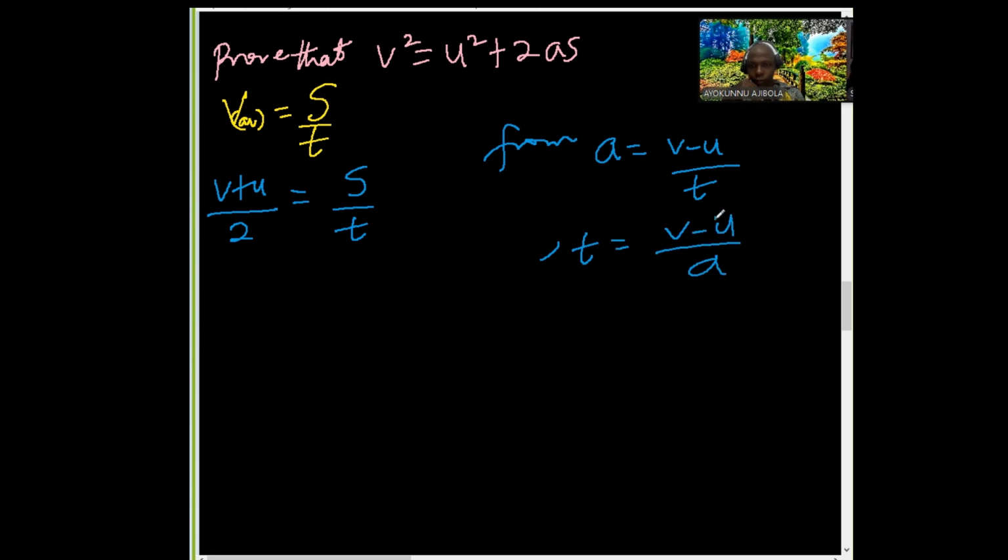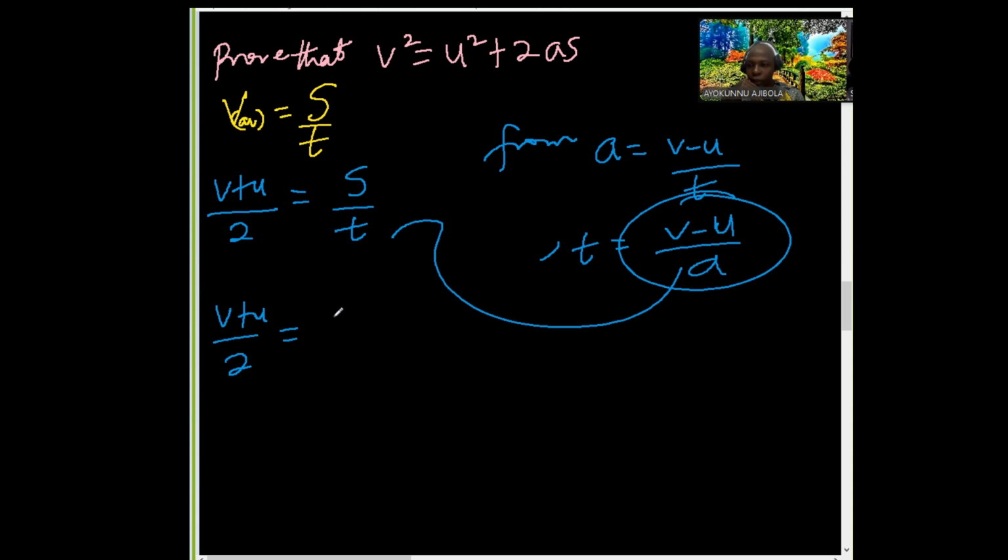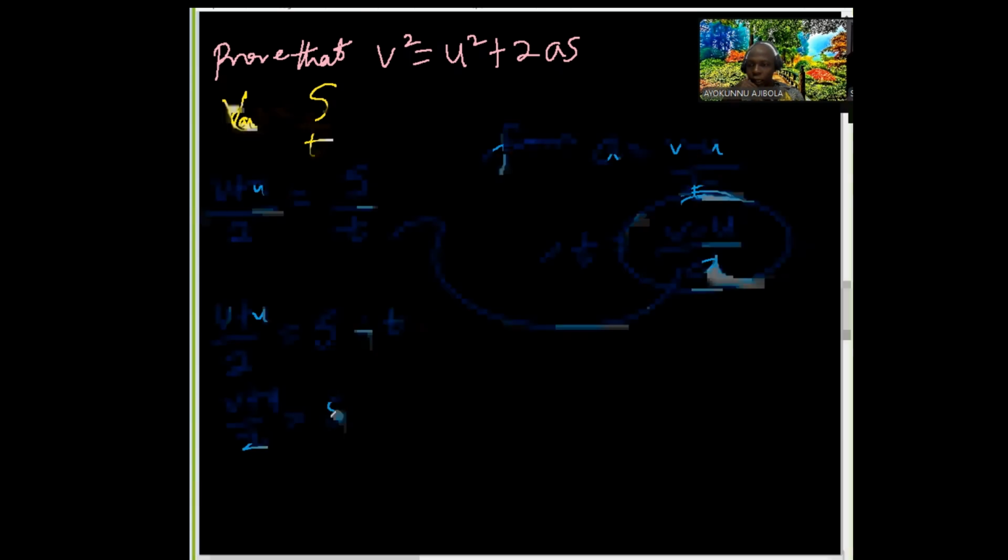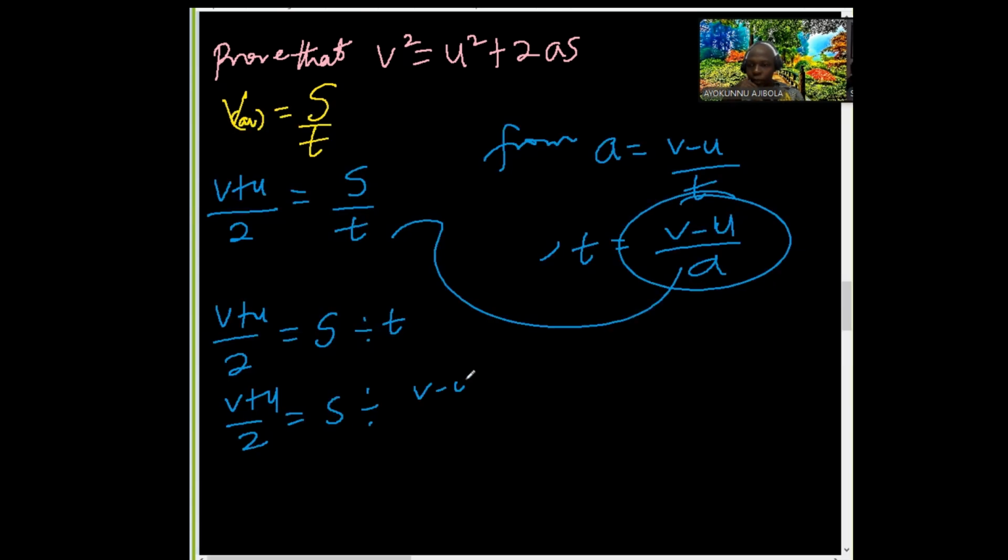Okay? So you substitute for t. You bring this t into this place. So v plus u over 2 equals s divided by t, right? Yes, sir. So v plus u over 2 equals s divided by v minus u over a. So here v plus u over 2 equals s times a over v minus u.